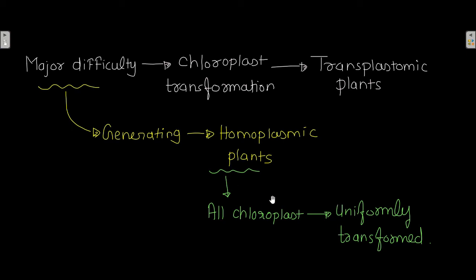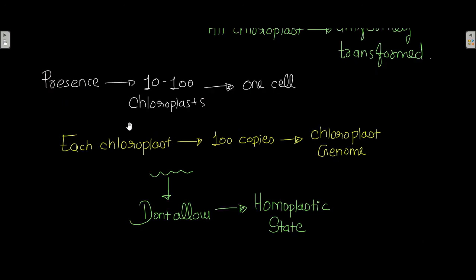This is difficult because there are 10 to 100 chloroplasts in one cell, lots of cells in a plant, and each chloroplast contains 100 copies of the chloroplast genome, so achieving the homoplasmic state is very difficult.